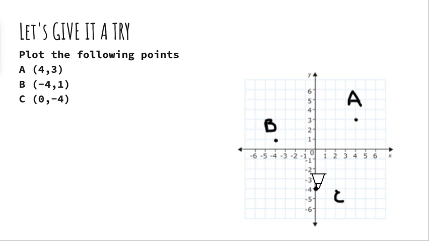Now, one other thing that I'm going to say, often we don't just deal with points when we are plotting things on the coordinate plane. Sometimes we're not just dealing with specific points, but we're dealing with shapes. It works the same way basically.